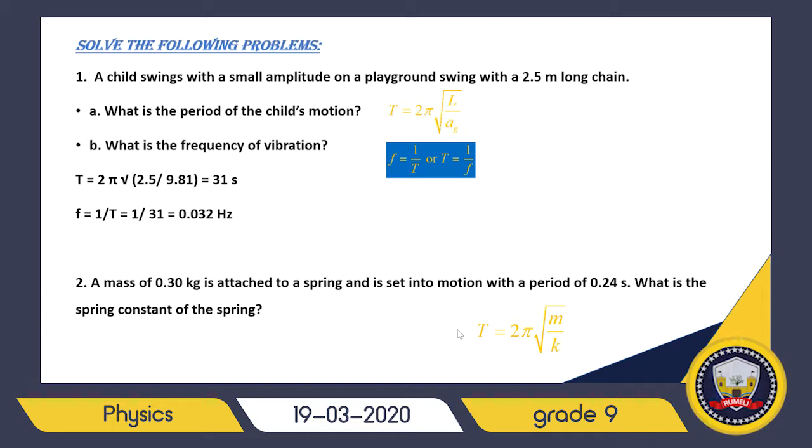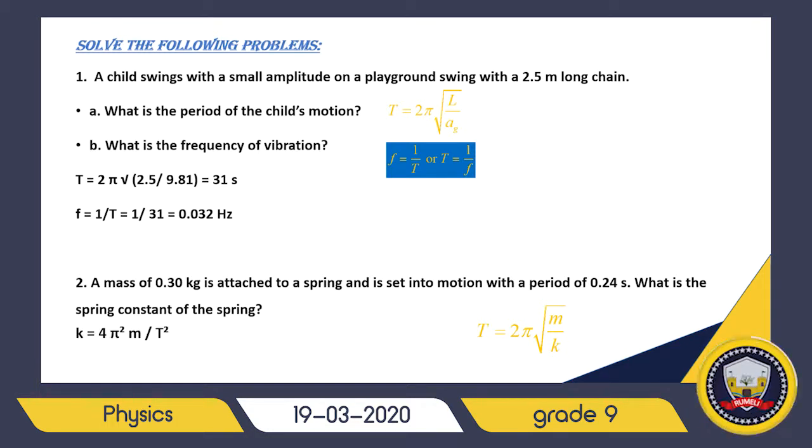To get k from under the square root, we have to get rid of the square root by squaring the two sides of the equation. Then by cross multiplication, k will be equal to 4 pi squared m divided by T squared.